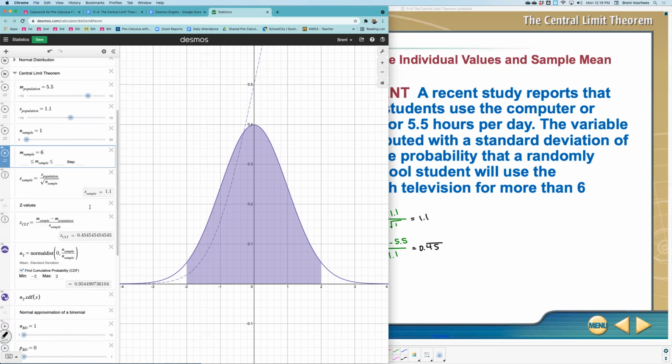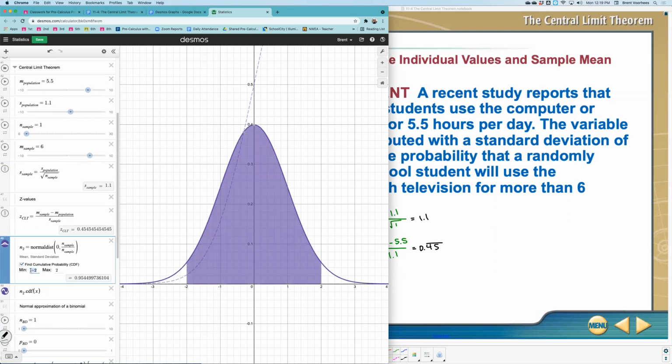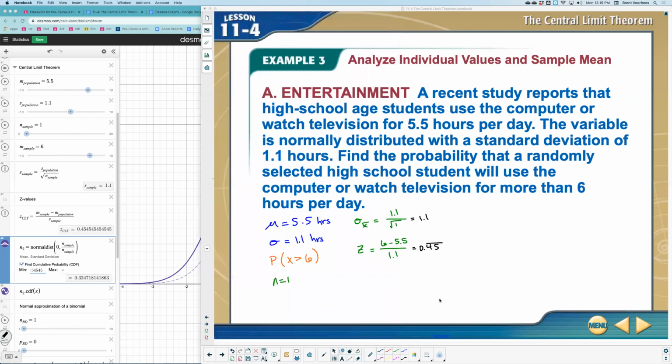There's the z value. So when I come to my distribution here, I want the area from 0.45 repeating, which is somewhere in here, over. So I put that as the minimum, 0.45454545 repeating, and that's enough to get where my decimal is not changing anymore. And you can see that this is 32.47%.